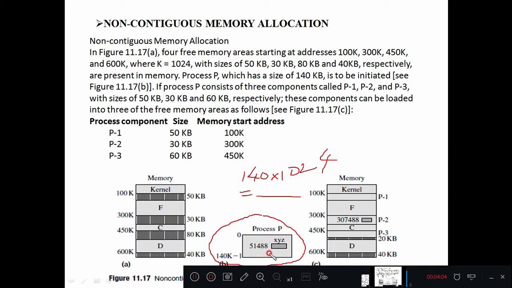Because the user thinks that the processes are actually stored in a drive, but it is actually stored in a hard disk. For user convenience, we divide that hard disk into a number of partitions, but ultimately the actual process or program is stored in the physical memory, which is called the hard disk.